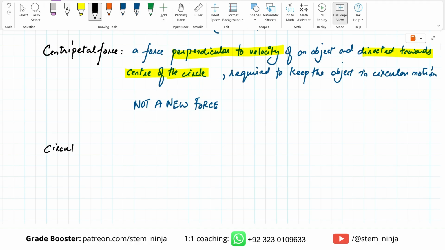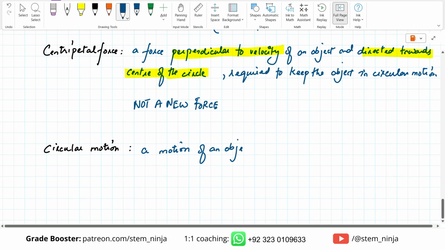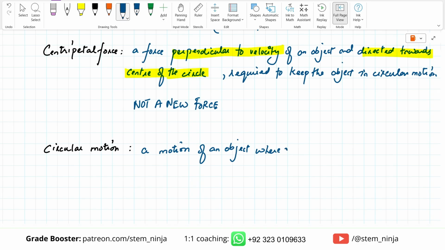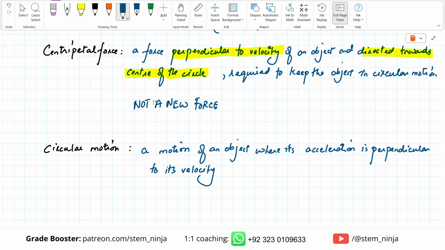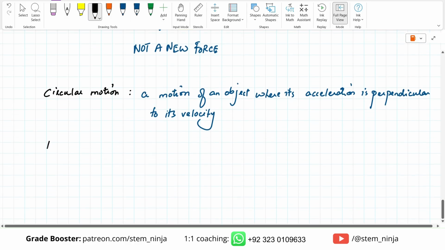So circular motion, you can say, is a motion of an object where its acceleration is perpendicular to the velocity of the object. Similarly, what about uniform circular motion?